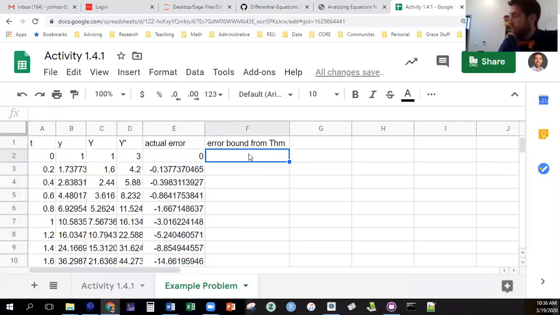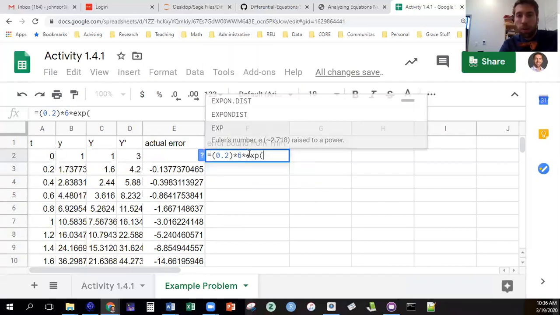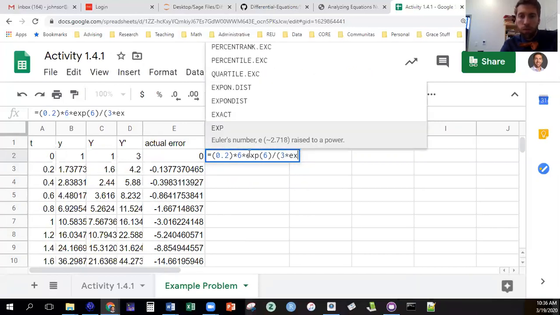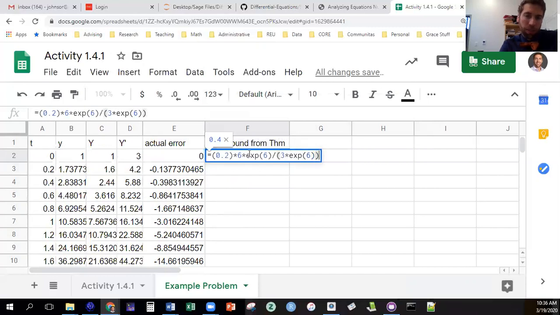And my error bound from the theorem is equal to h, which is 0.2 for me, 0.5 for you, times M, so times 6 times exponential of 6, divided by 3 times exponential 6. So obviously that simplifies, but I'm just doing it right here. Algebraically, I could simplify e to the 6 divided by e to the 6 to just 1, but we'll just keep it there for now.